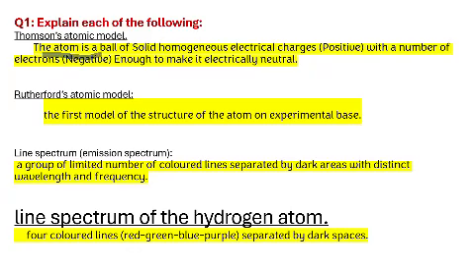The model of Thomson, or the effort of Thomson for the atomic structure, he described it as a solid homogeneous ball containing positive charges and negative charges.